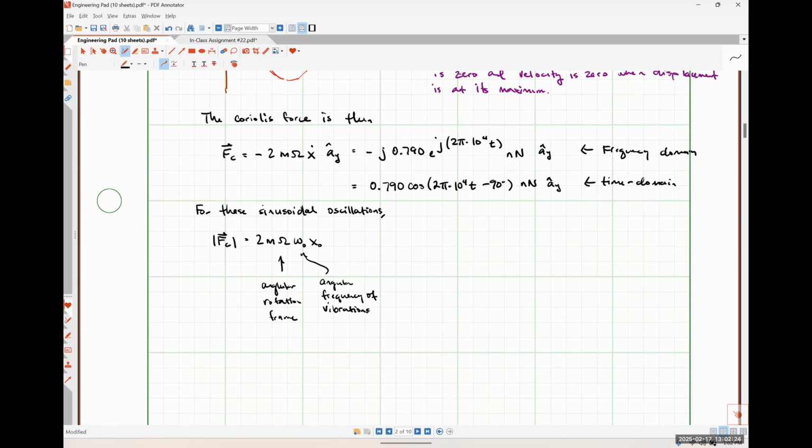That's why I'm using two different omegas. Capital omega is our frame's speed, and lowercase omega is related to our vibrational frequency.